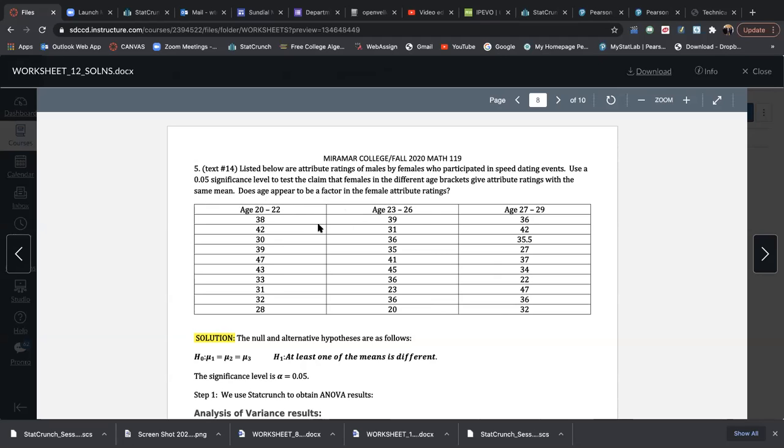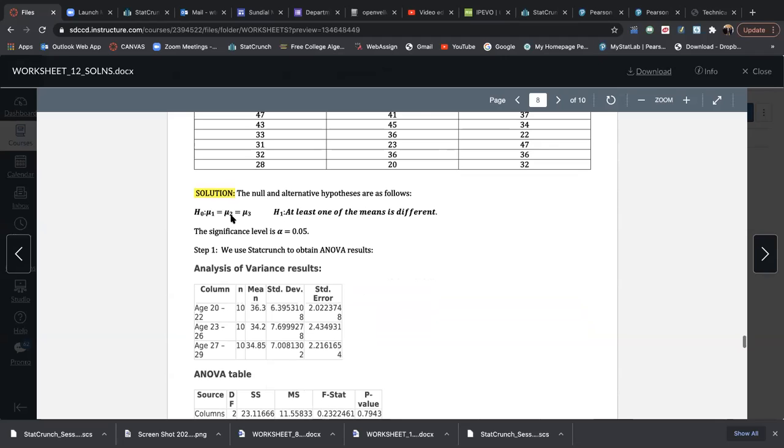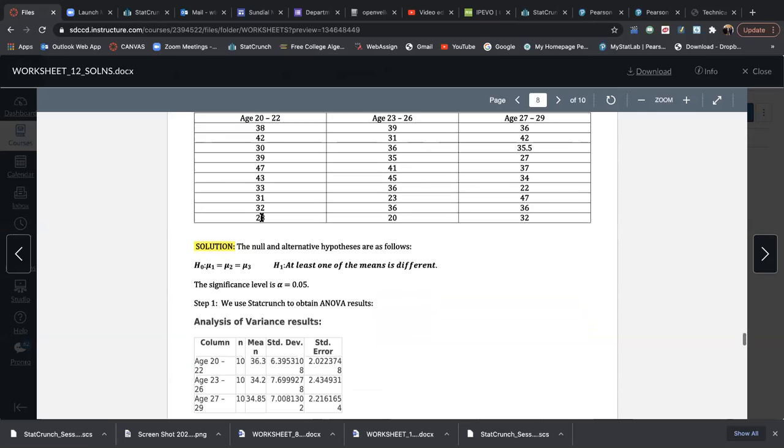And now the one-way analysis of variance has split the females into 3 age groups. And so is there a difference across the age groups measured by average attribute across the 3 age groups? That's what we're testing here, okay? So again, the boilerplate information gives us the null hypothesis. And remember, we have 3 age groups.